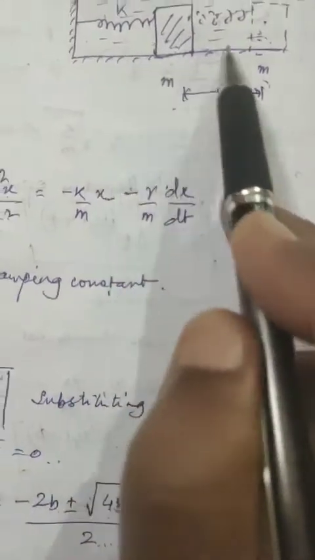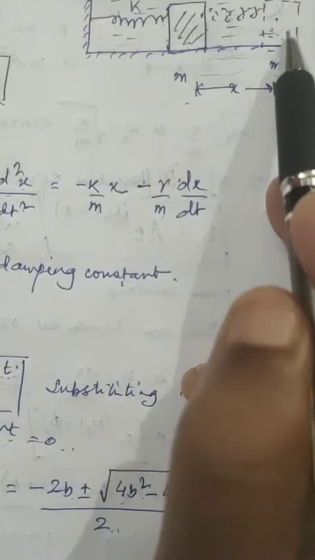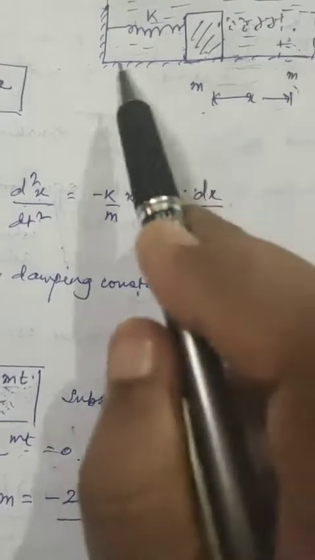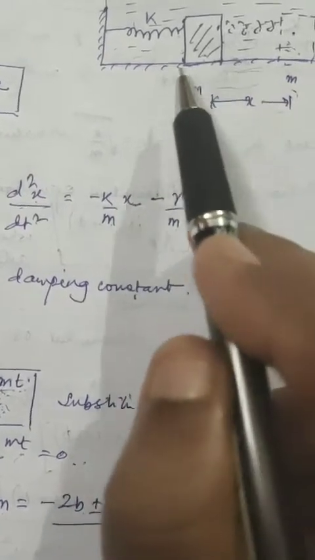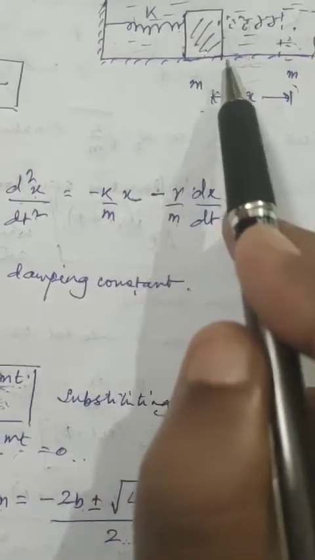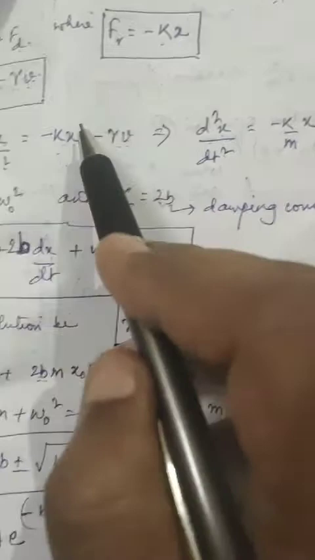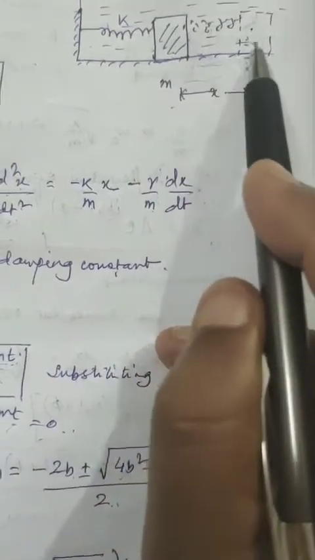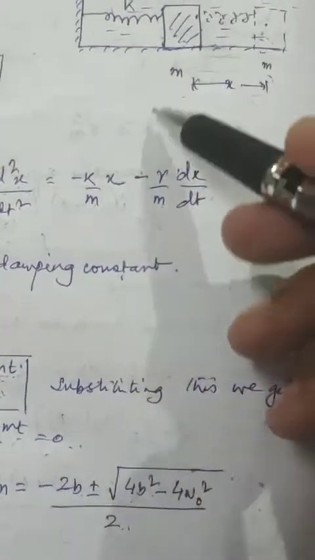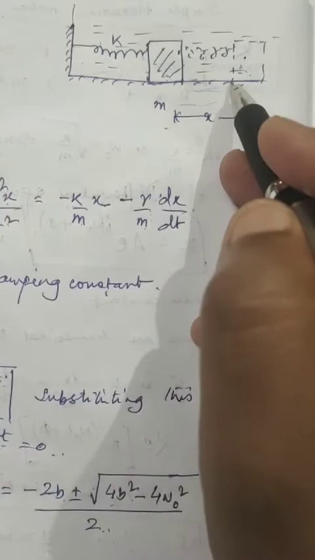The drag of the air is damping this oscillation, and finally the energy of this oscillator dissipates as heat into the environment. So there is a dissipative force. The damping force is dissipative in nature. It dissipates the energy of this oscillation into heat in the atmosphere.